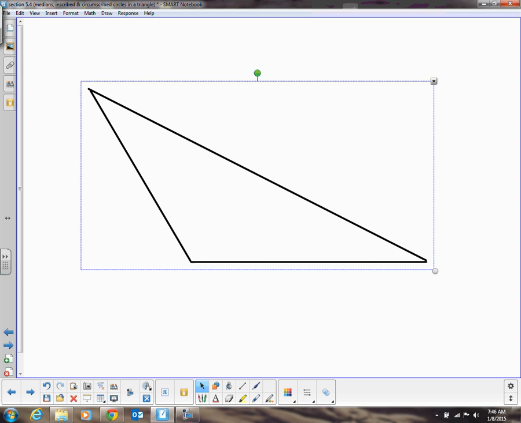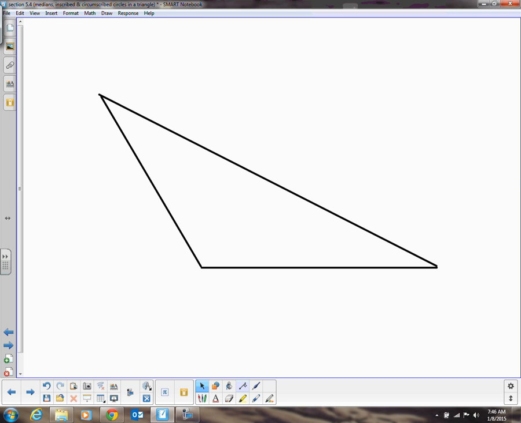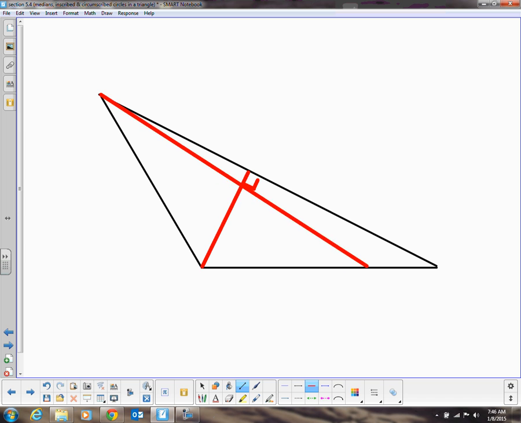All right, so here's my obtuse triangle. No problems. I can go from here to here, and is that perpendicular? That's an easy one. If I try to draw perpendicular to this side, is it ever going to be perpendicular? No, it's not.